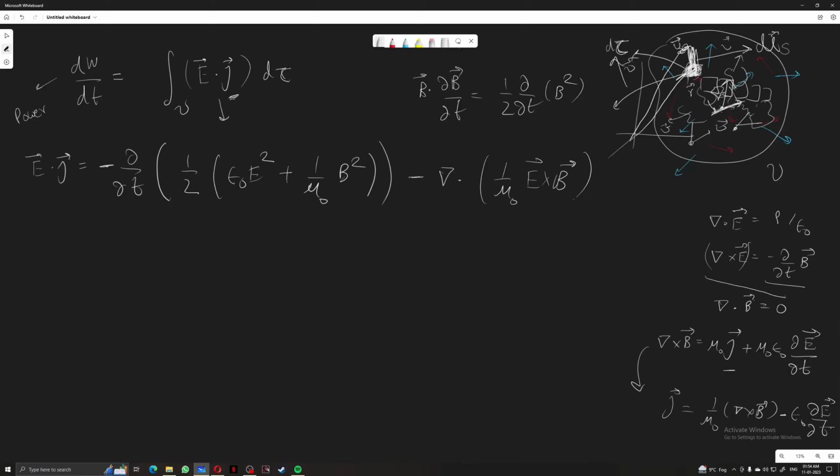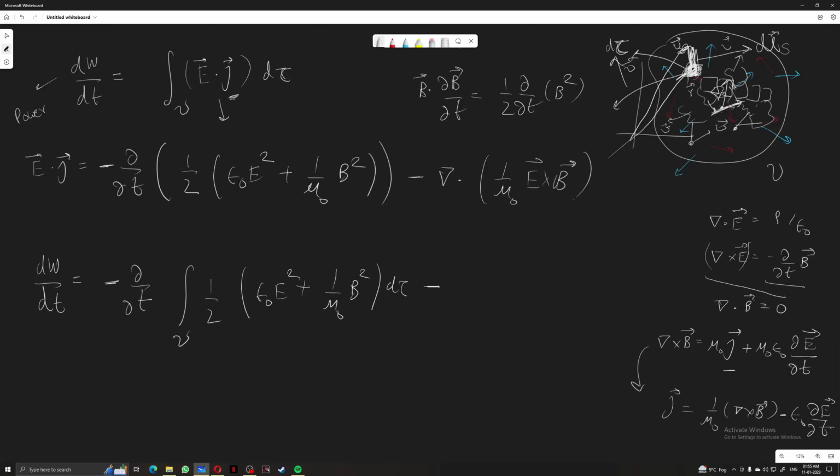And then when I take the volume integral, I have dW over dt equals the volume integral of this whole thing. So let me take the volume integral: d over dt times the volume integral of half epsilon naught E square plus 1 over mu naught B square over d tau.